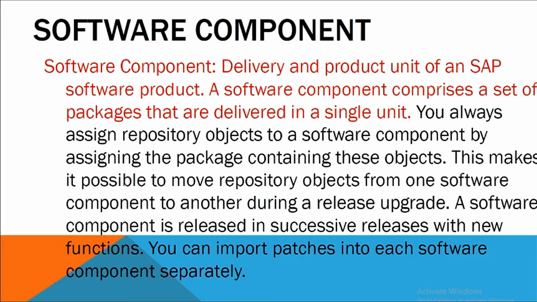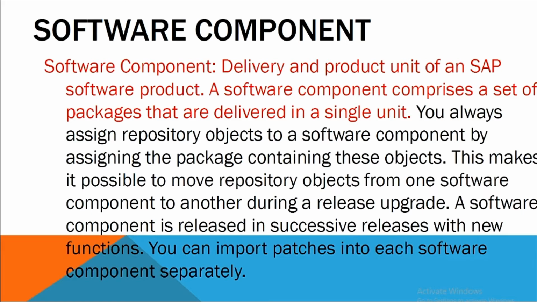Software Component. A software component is the delivery and product unit of an SAP software product. A software component comprises a set of packages that are delivered in a single unit. You always assign repository objects to a software component by assigning the package containing these objects. This makes it possible to move repository objects from one software component to another during a release upgrade.